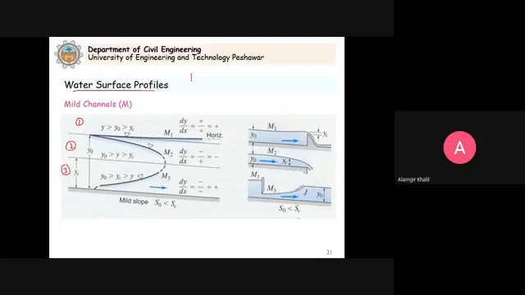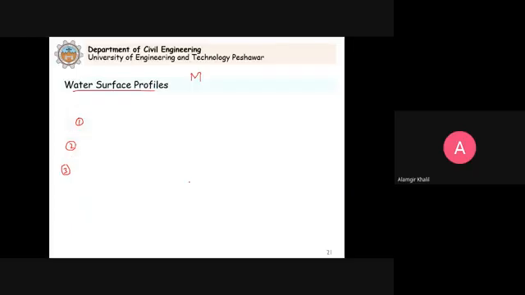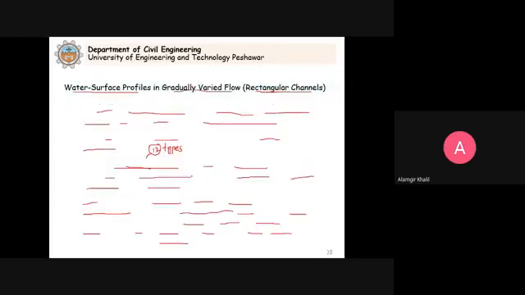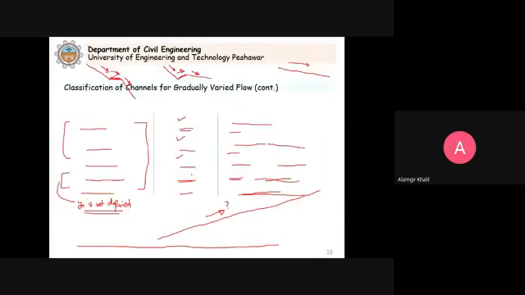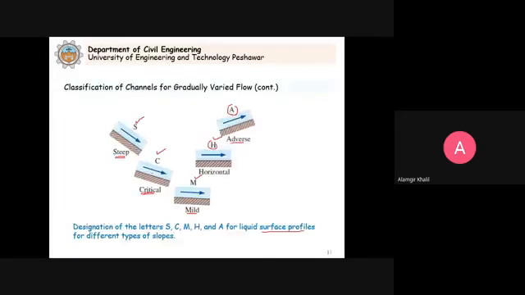That's why accordingly we will write down M. This is why I showed you the letters that we discussed. Now we are using them. Here you see S for steep, C for critical, M for mild, H for horizontal, A for adverse. To make things easy, instead of writing these, we just use the first letters.